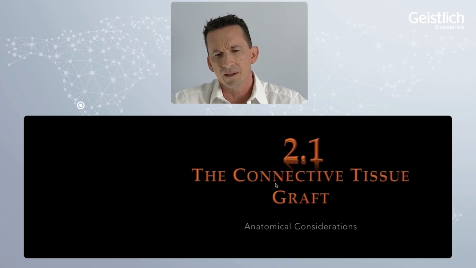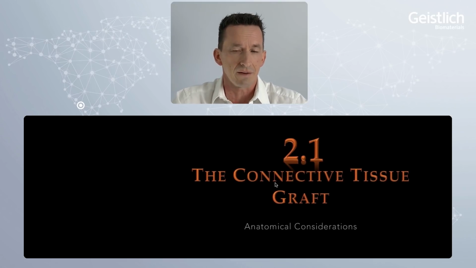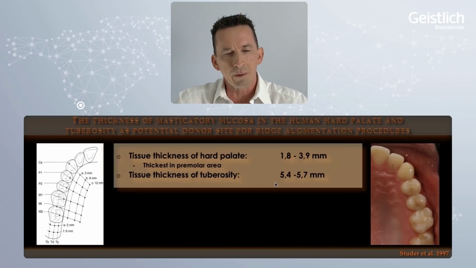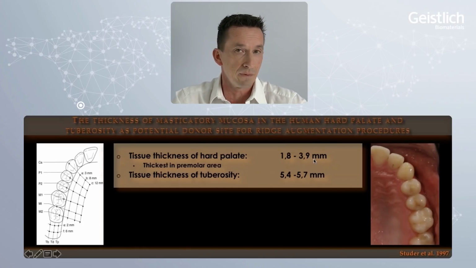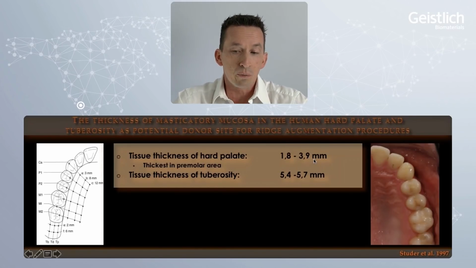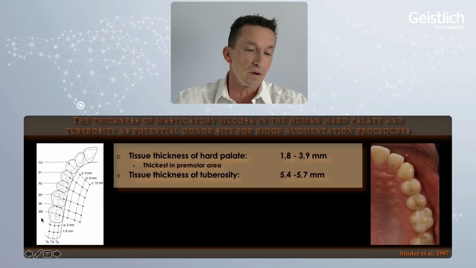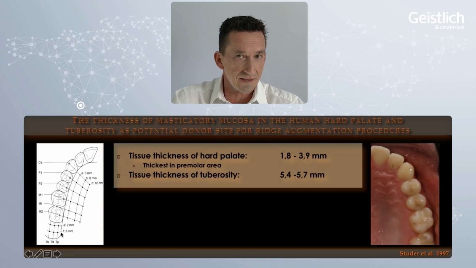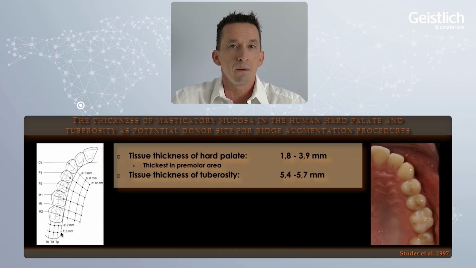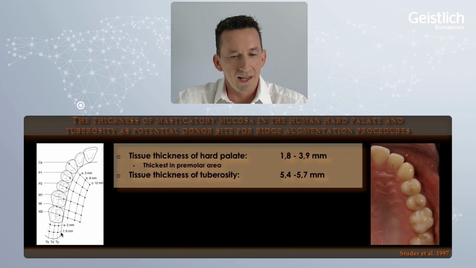Let's have a look at the anatomical considerations using connective tissue grafts. We know from the literature that the hard palate gives us a certain thickness, which is maximum 4 millimeters. But we can also take out tissue from the tuberosity to get much thicker connective tissues with less fat, less glands, but also less vessels.